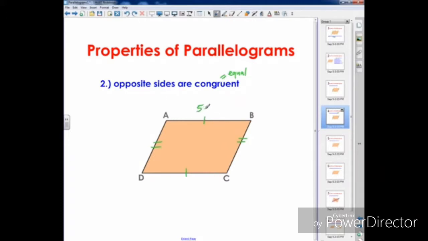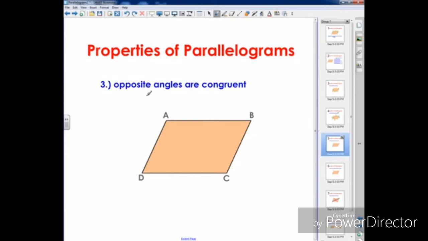So if AB is 5 inches, DC is also 5 inches. And if AD is 3 inches, side BC is also 3 inches. So opposite sides are congruent, where AB is congruent to DC and AD is congruent to BC.